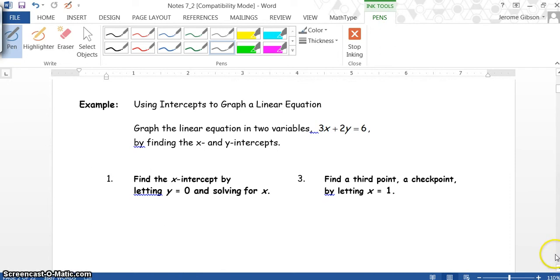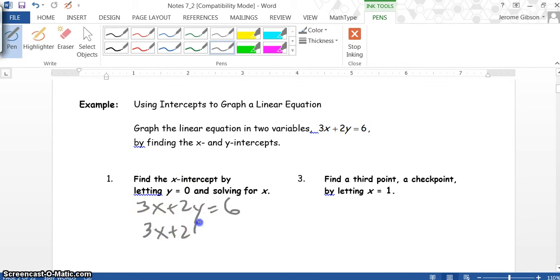Graph the linear equation in two variables, 3x plus 2y equals 6, by finding the x and y intercepts. Number 1, find the x-intercept by letting y equal 0 and solving for x. So let's do that now. We have 3x plus 2y equals 6. To find the x-intercept, we're going to let y equal 0.